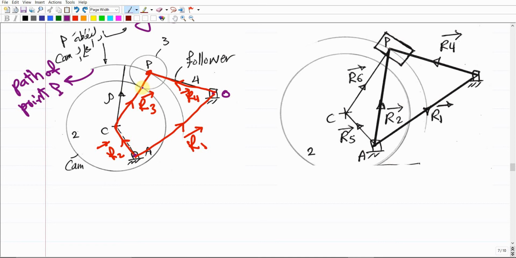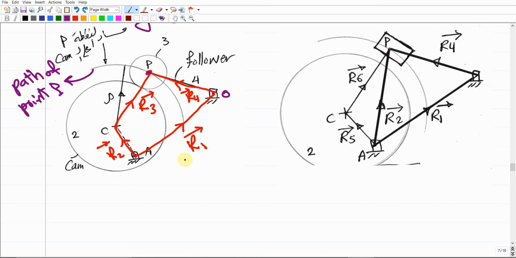Then this would be another option: I can connect even this point A to the point of contact, and you're going to end up with a loop. Make sense? So we can set up different loops, or different position vectors, for this problem. One of the loops is this one.